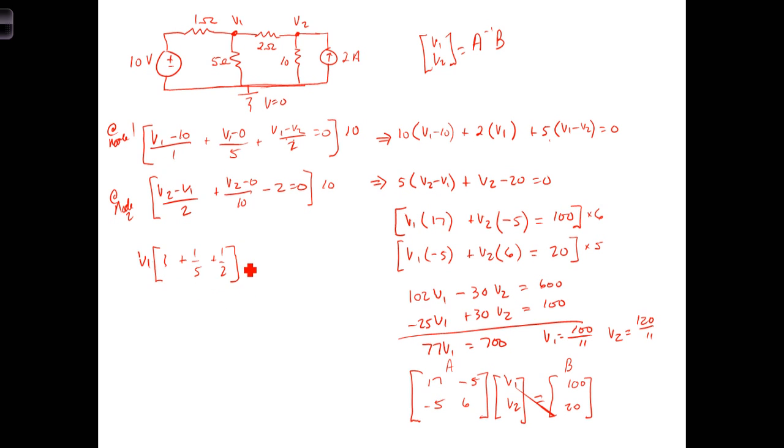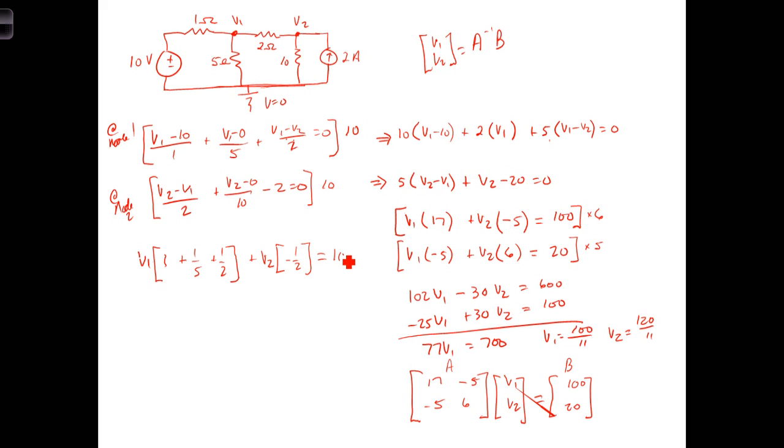Those are my V1 terms, plus V2. Now I only have one V2 term. That's a negative V2 over 2. When I factor out a positive V2, I'm left with a negative 1/2 here. And then on the other side, I'm going to bring my constants. I've got negative 10 divided by 1, so it's a negative 10 on the left side. I bring it to the other side as a positive 10.